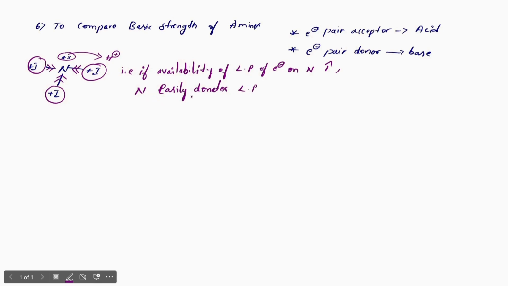If the nitrogen donates easily the lone pair, basic strength increases. Therefore, basic strength of amines is directly proportional to positive inductive groups and inversely proportional to negative inductive groups.